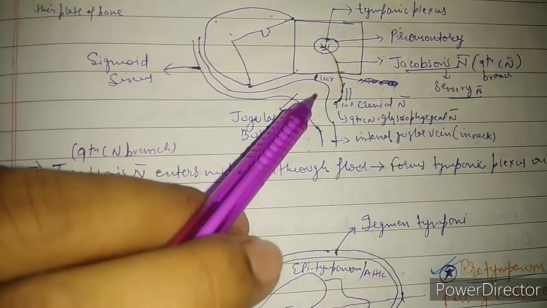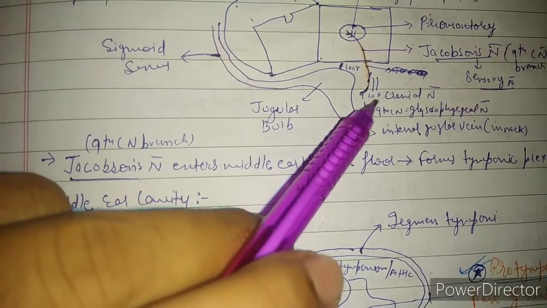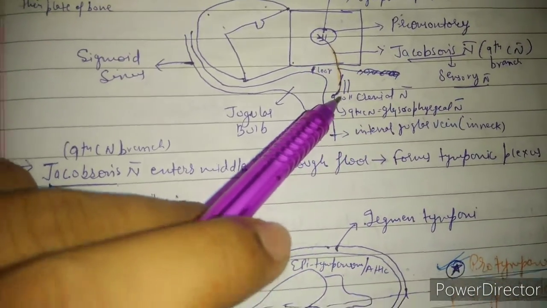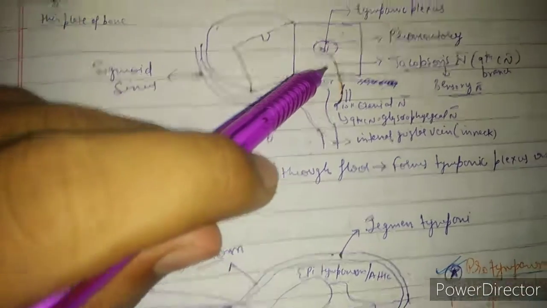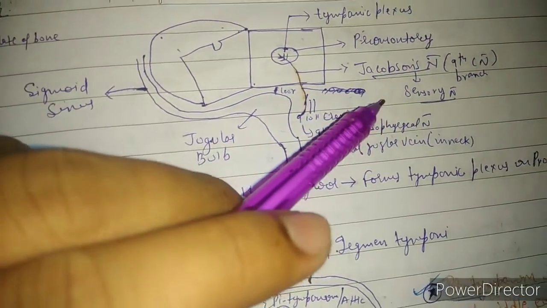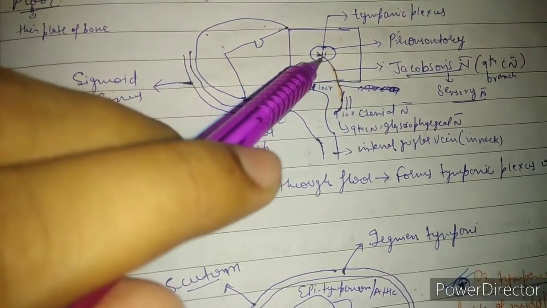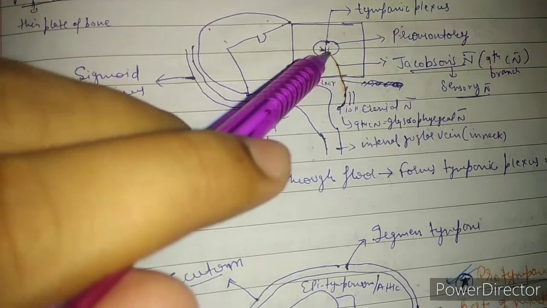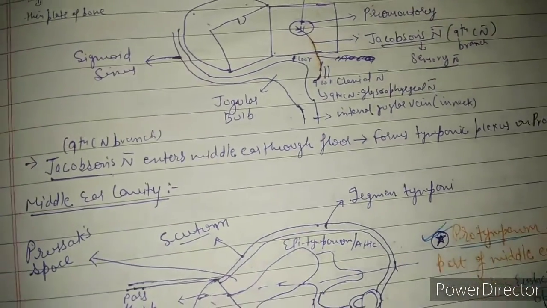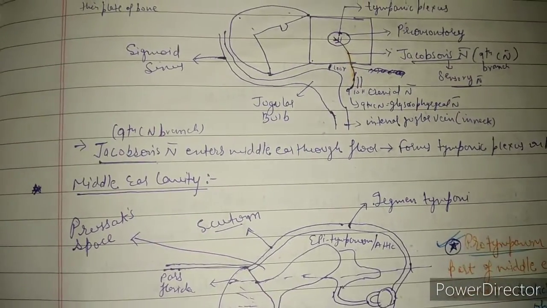Behind the jugular bulb we have the 9th, 10th and 11th cranial nerves. The 9th cranial nerve, the glossopharyngeal nerve, gives a branch that enters the floor of the middle ear, known as Jacobson's nerve. It is a sensory nerve and forms a plexus on the promontory, known as the tympanic plexus. So the Jacobson nerve enters the middle ear through the floor and forms the tympanic plexus on the promontory.